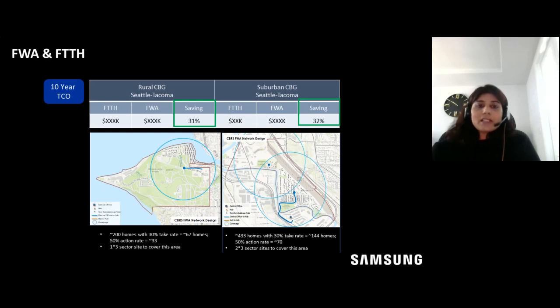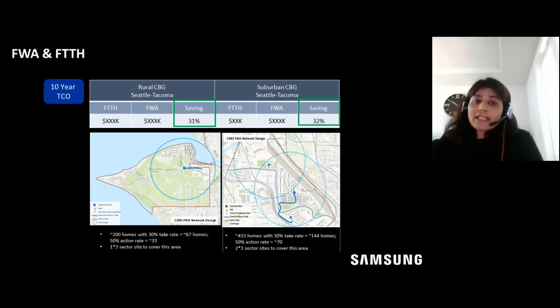For the rural CBG, we required one site, which can cover these 200 homes with a 30% take rate and a 50% active rate. On the suburban CBG, we required two sites, where 433 homes could be covered with a 30% take rate and a 50% active rate. In both cases, when we compare it with an FTTH deployment over a 10-year TCO, the savings over fiber is around 30%.